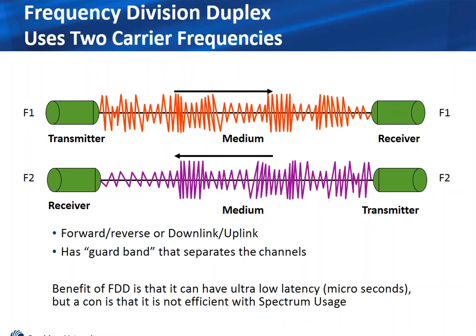But the real con with using an FDD type of solution is that it's not efficient with spectrum usage. As you can see here, I have to have a dedicated frequency for the transmitter and receiver in one direction path, and then a separate frequency for the transmitter and receiver in the other path. And then I also have to have additional spectrum chewed up for this guard band that we talked about. So it has a good role for very ultra-low latency solutions.